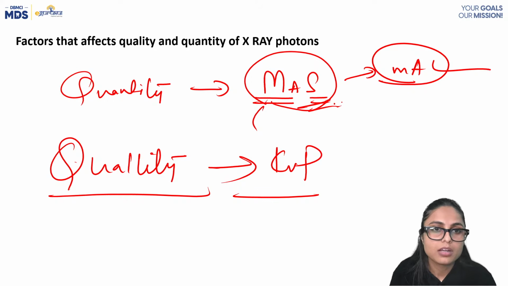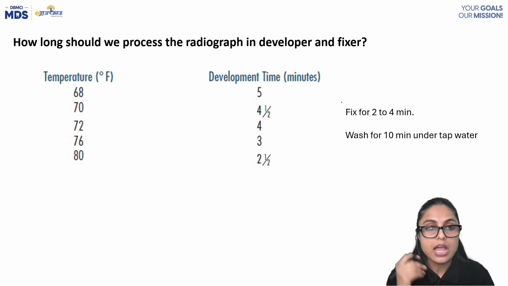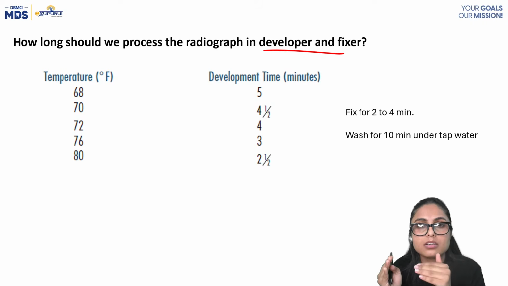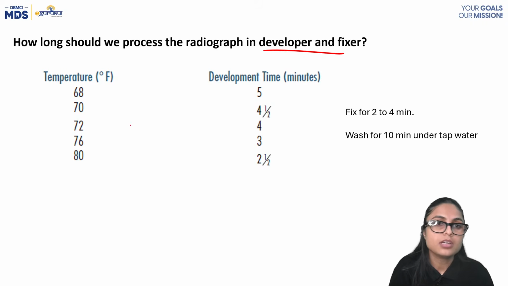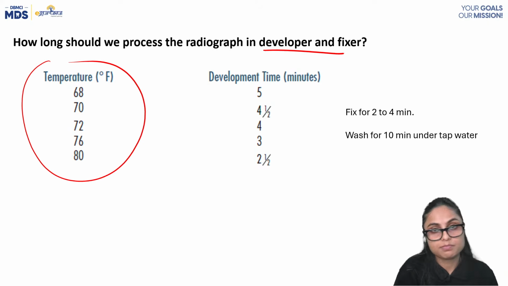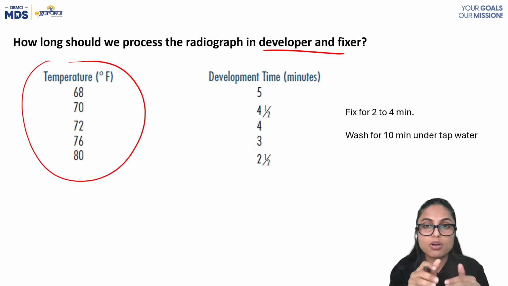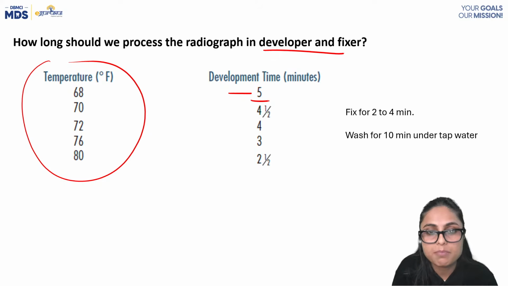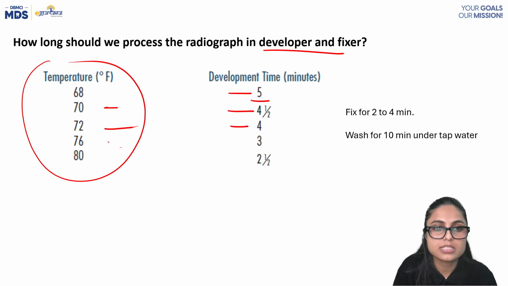How long should we process the radiograph in developer and fixer? It depends. Manual processing of the film depends on the temperature of your developer. At 68 degrees Fahrenheit, you can develop it for 5 minutes. At 70, 4.5 minutes; 72, 4 minutes; 76, 3 minutes; and at 80 degrees Fahrenheit, 2.5 minutes.